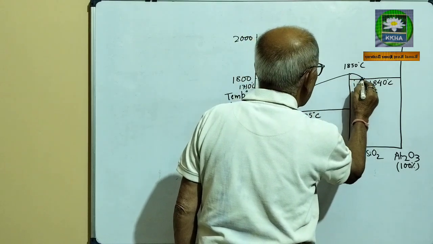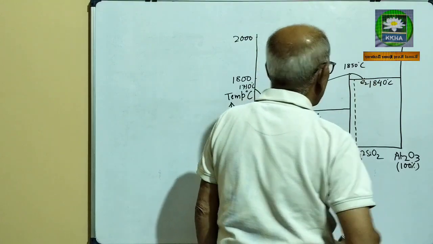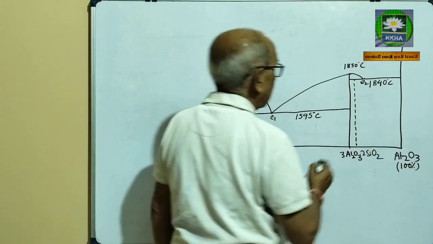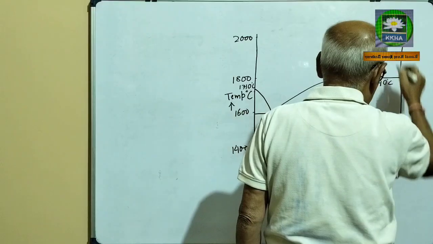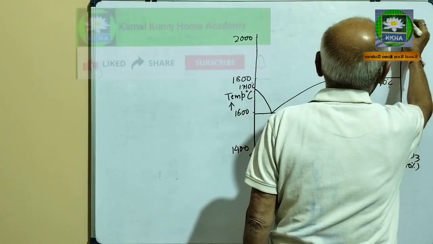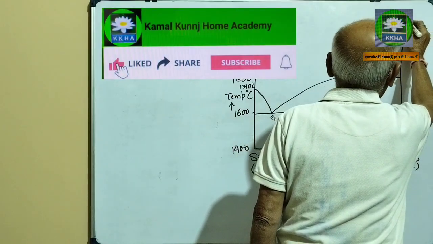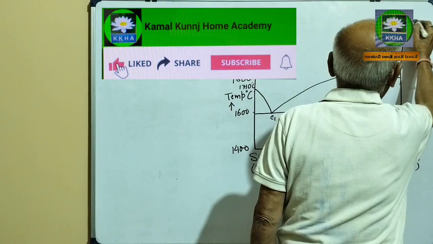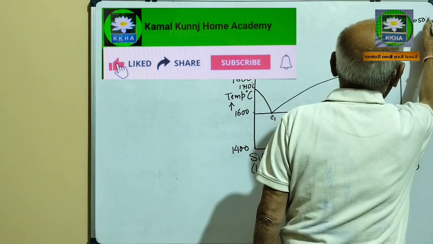And here another eutectic forms. And melting point of pure alumina is 2050 degrees Celsius.